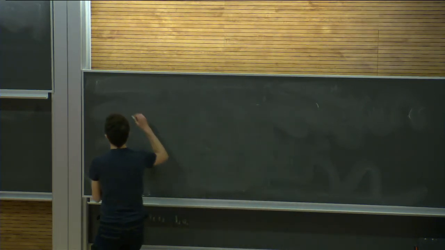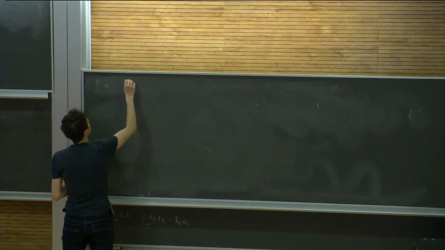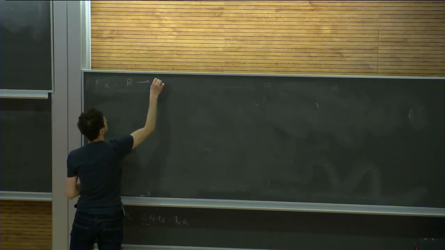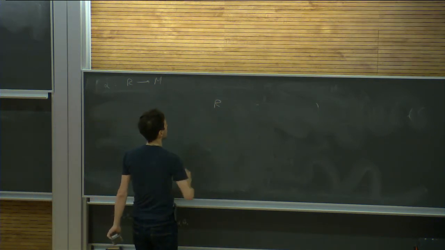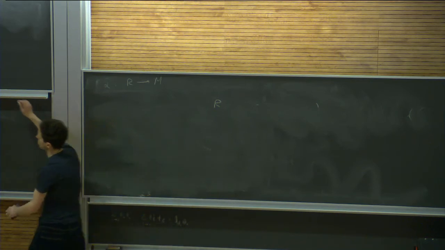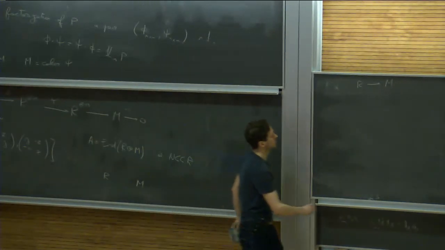For instance, what is a morphism of R into M? Well, you write R up here, and you substitute M by its resolution down here.